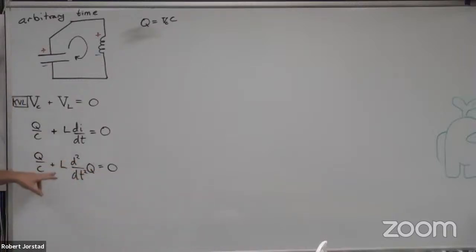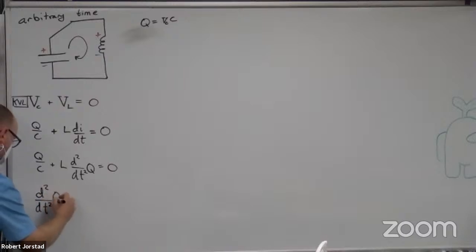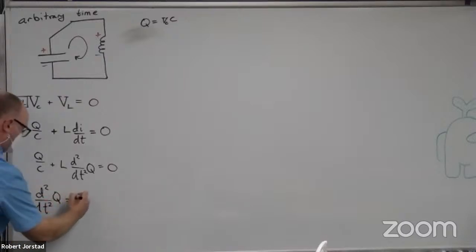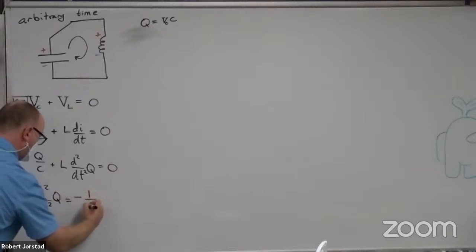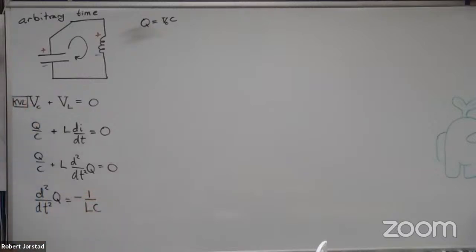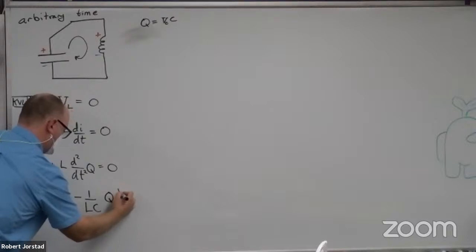Cool with that? Now I'm going to rearrange this to solve for d squared Q dt squared, which is equal to minus 1 over LC times Q.